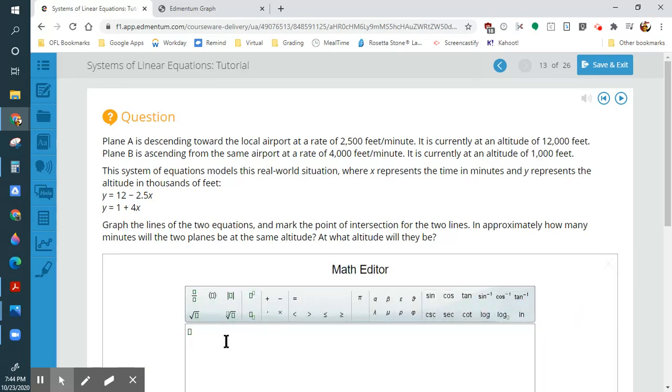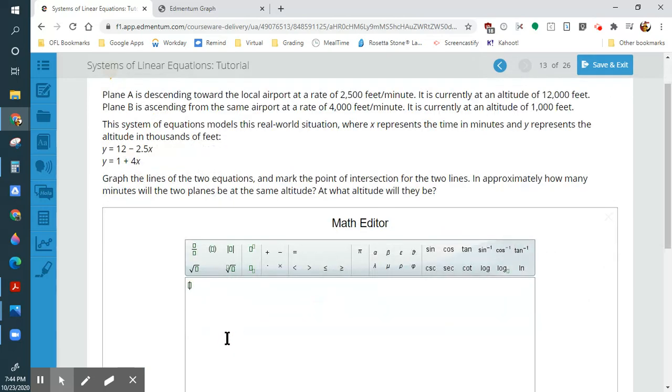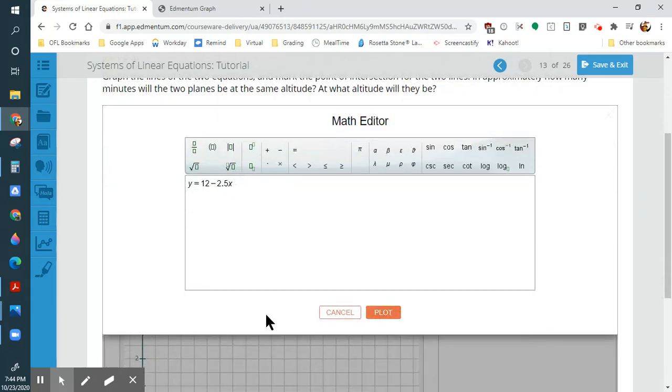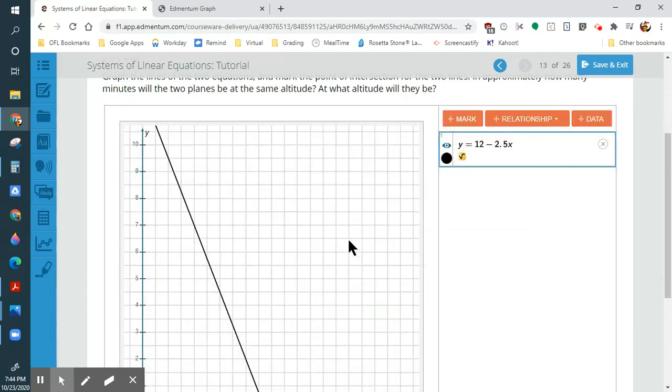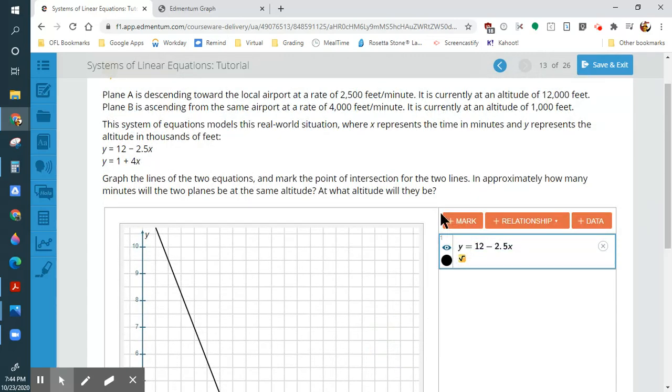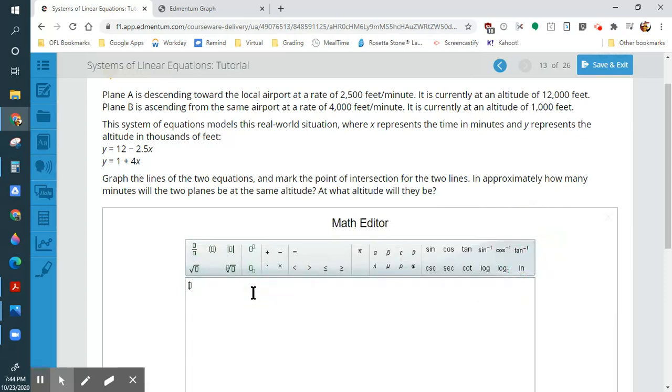Relationship custom. I'm just going to type it in by hand because apparently Edmentum's giving me a hard time here. There we go. I don't know why they gave me such a hard time. Let me do it again. I'm going to do custom just to make it easier on myself. I think they want you to do the linear, but they give us the option to do this.